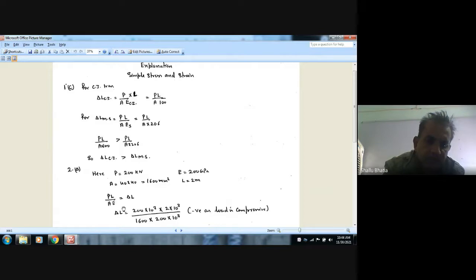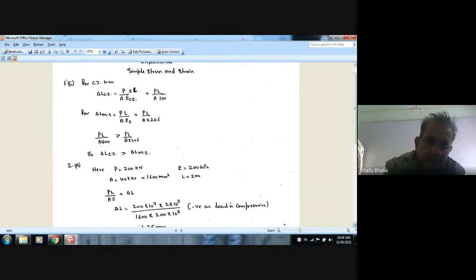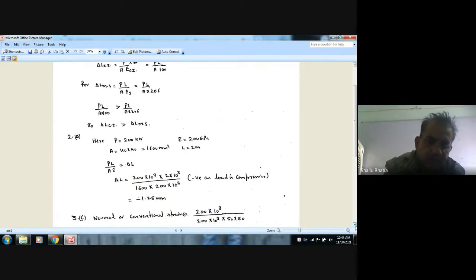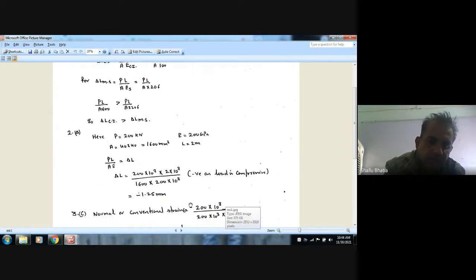So delta L will be equal to, putting the values, P is 200 into 10 power 3, L is 2000 mm, A is 1600 mm square and E is 200 into 10 power 3. It will be negative because the load is compressive. So the answer will be minus 1.25 mm.